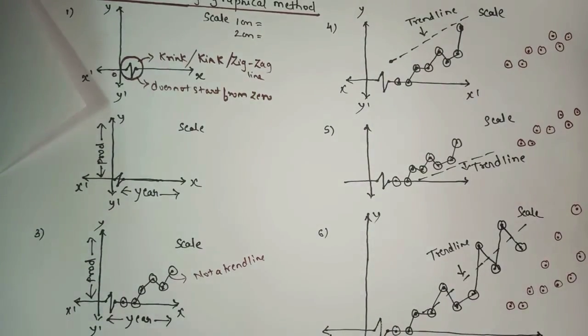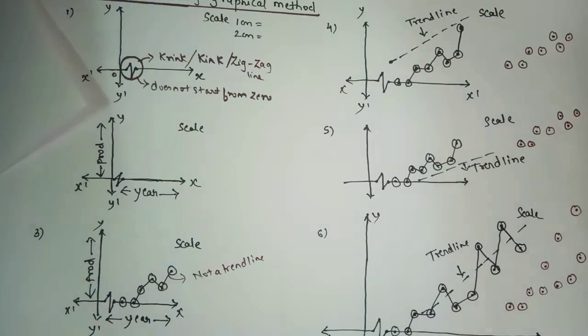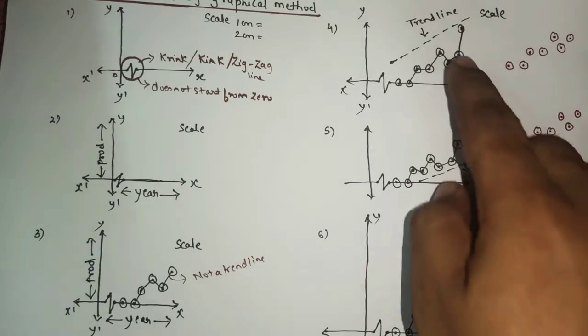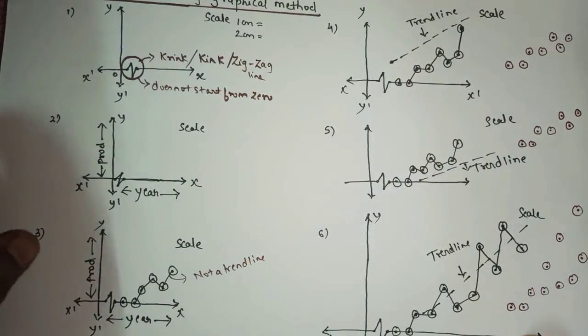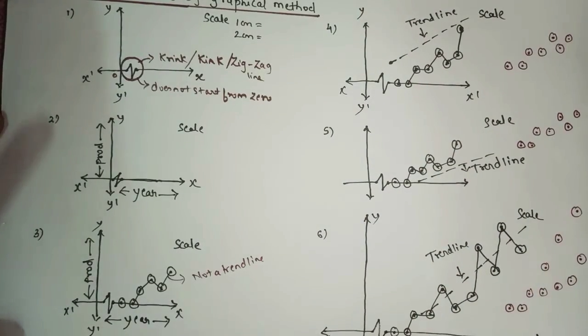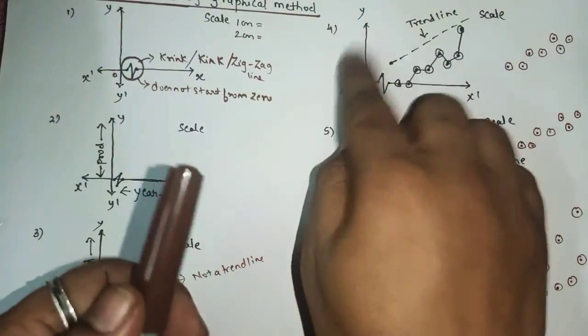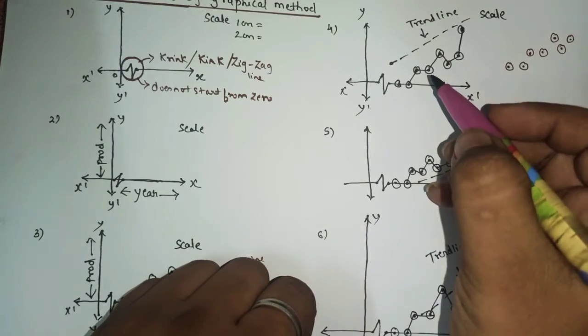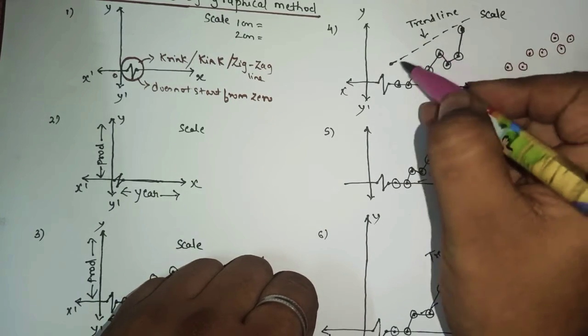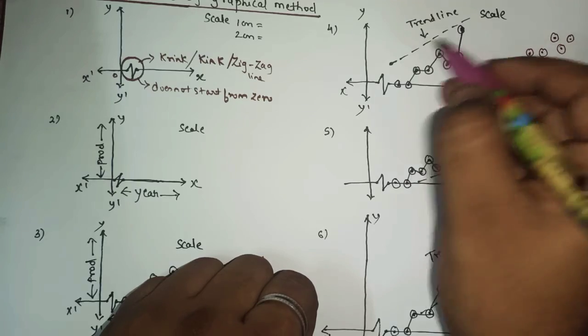Now from here the actual sums start. Now we'll see how to draw the trend lines. Remember, these 3 points are very important. Here we cannot draw the trend line like this.